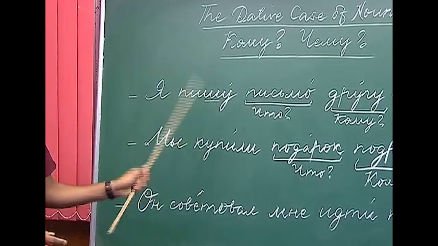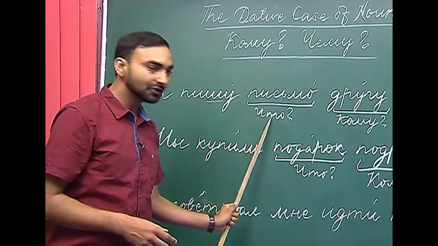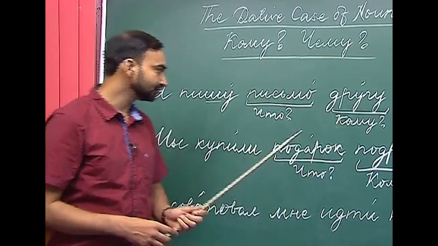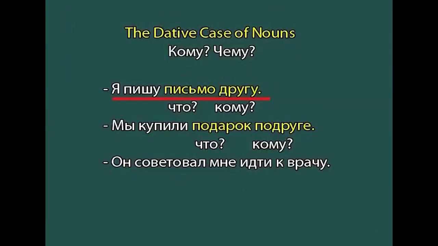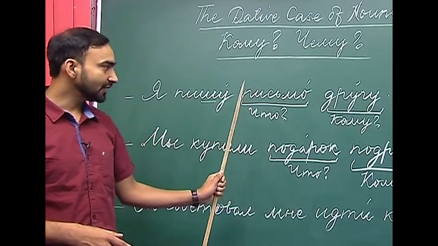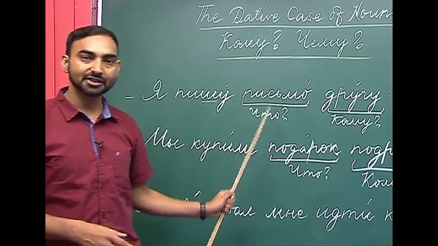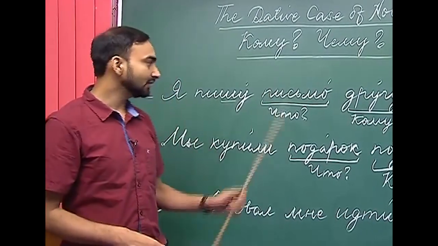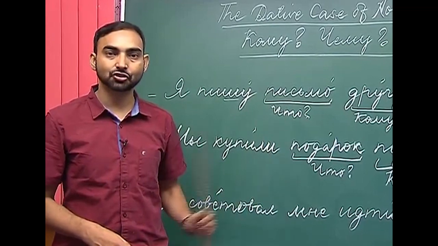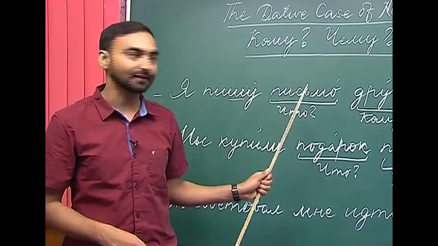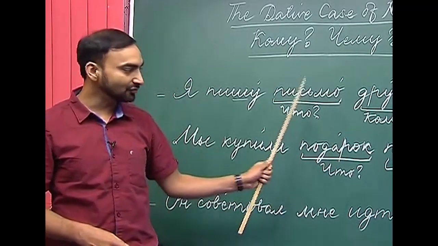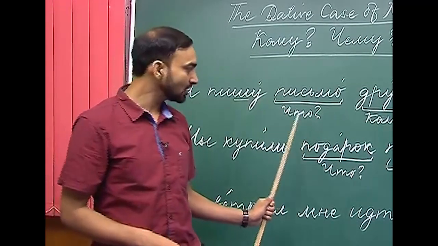So, here as you can see, I have written the interrogative word shto, and here I have written kamu. If I say ya pishu pismo, here pismo answers the question shto, and we have discussed that the nouns which answer the question shto are in the accusative case. So, here pismo and padarak, both these nouns answer the question shto.